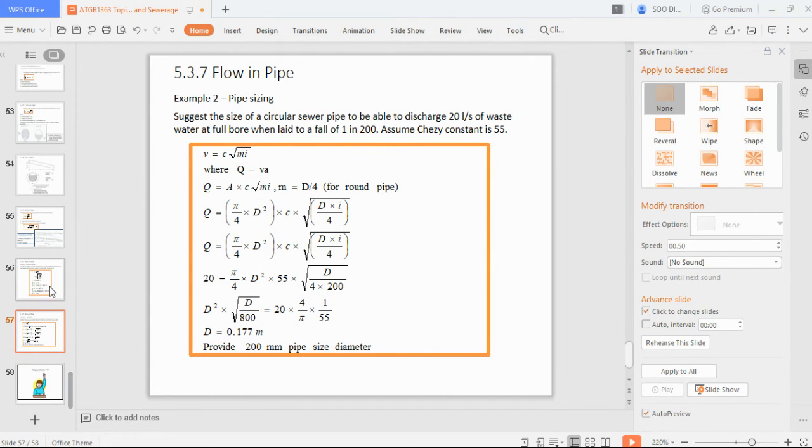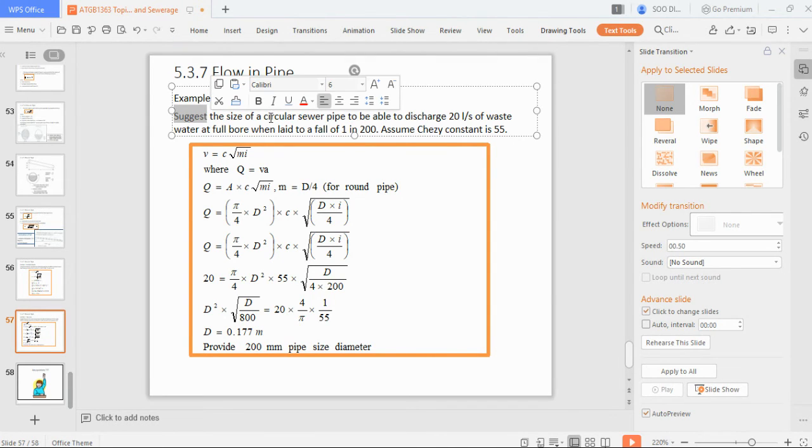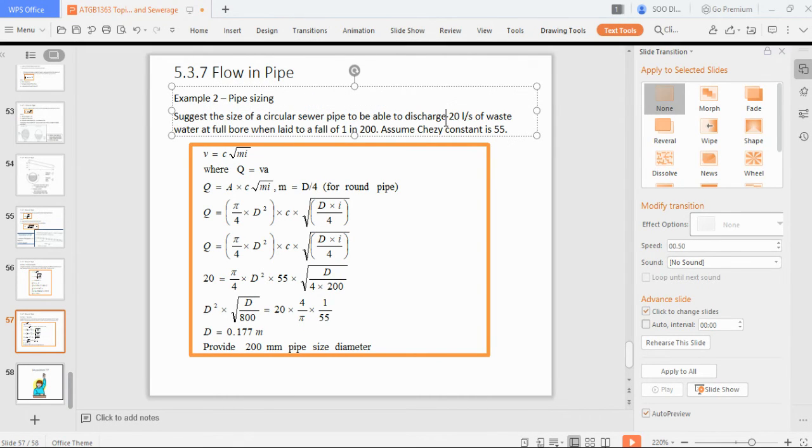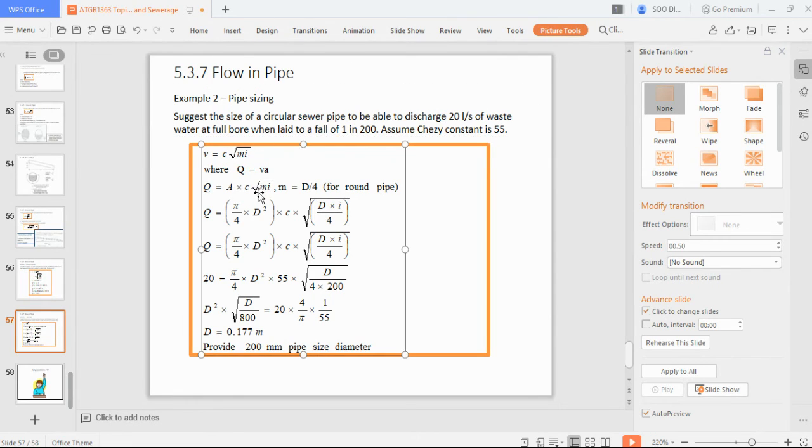Okay, so question 2, still the same. Question 2 is asking you to suggest the size of the circular sewer pipe to be able to discharge 20 liters per second. Now you're given 20 liters per second instead of meter cube, so you have to convert it into meter cube per second. The formulas are still the same.